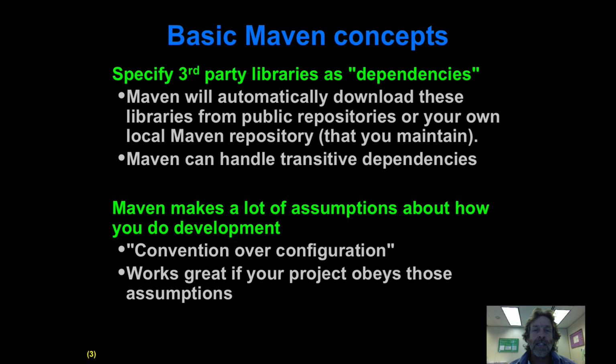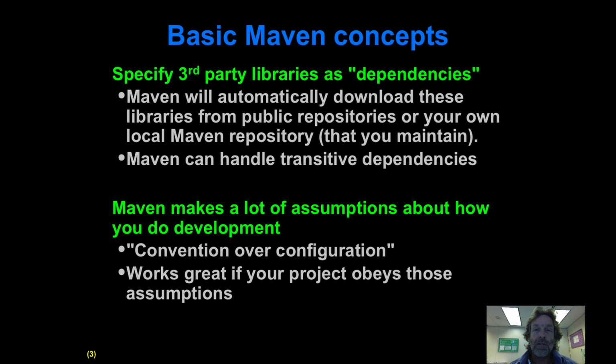But the basic idea is that if you've got a third-party library that's not available from one of the public Maven repositories, you have to use this install task or goal to put it into a local repository on your own computer, and then when you run the Maven build, it will look there as well. And that's something you'll see with Robocode. Robocode isn't available publicly, so we're going to have to use this install goal to take the Robocode jar files that we've installed using the normal Robocode task and put them into the local Maven repository.